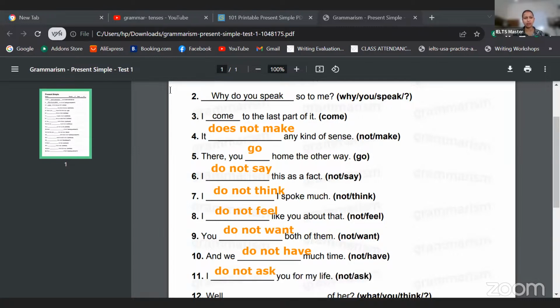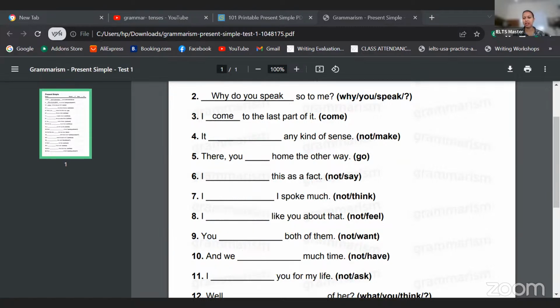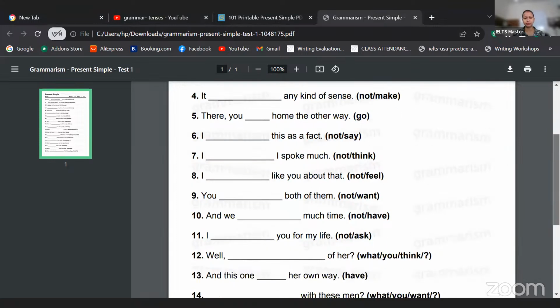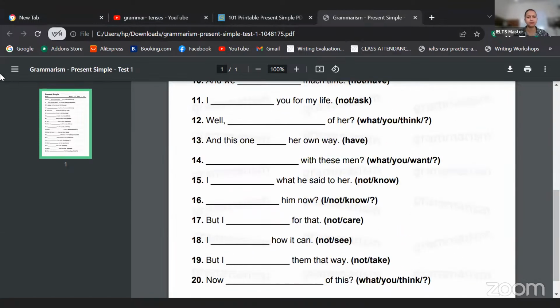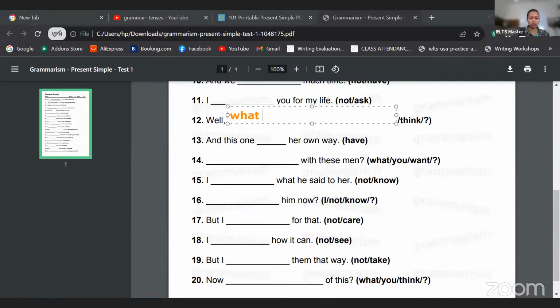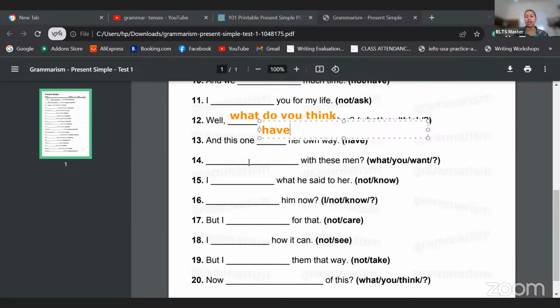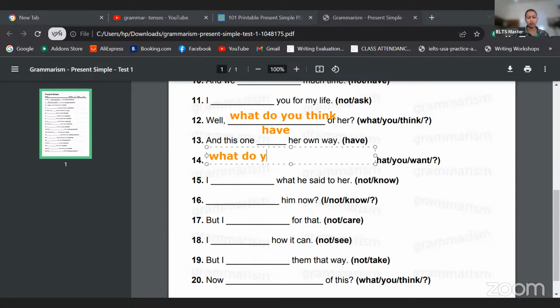Similarly, if I scroll down, you can see the 12th one now. Well, what you think? Well, what do you think? Correct. Dash with these means what do you want? Next, I not know.